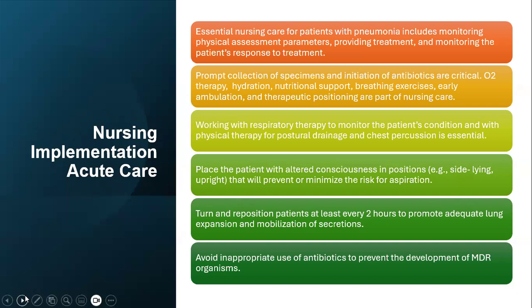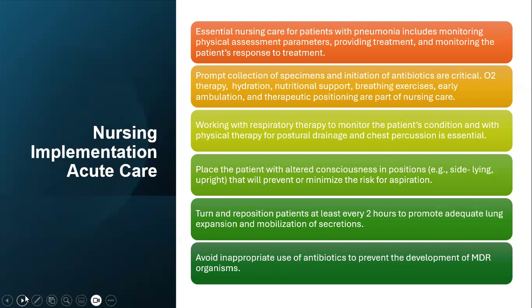Second, prompt collection of specimens and initiation of antibiotics is critical. Collaboration to give O2 therapy, hydration, nutritional support, teaching breathing exercise, early ambulation, and also therapeutic positioning are part of nursing care. Third is working with respiratory therapy to monitor the patient condition with physical therapy and also postural drainage and chest percussion as needed.